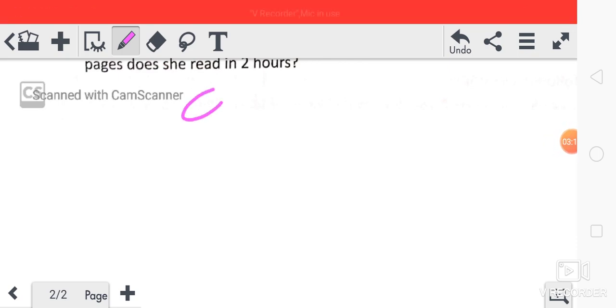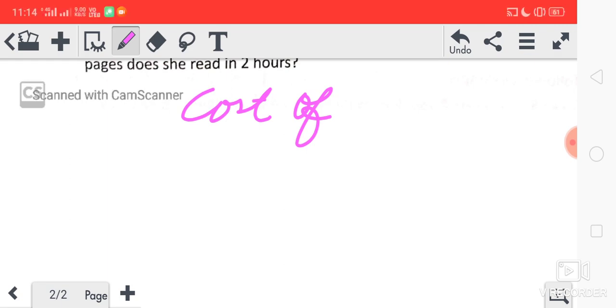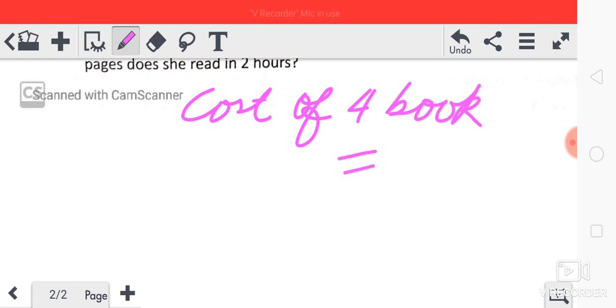Suppose it is given the cost of 4 books. The cost of 4 books is given as how much? 28 rupees. Book or notebook, anything.